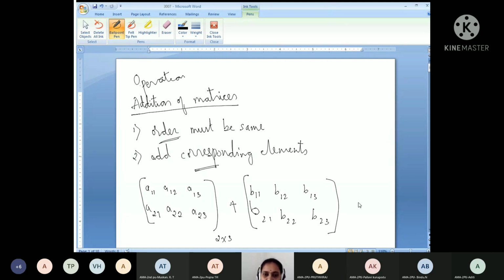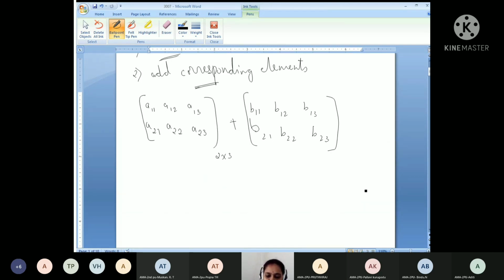Now the addition of these matrices will be this one, C11, or else before I take C11, let me take it like this. One minute. Okay. So the addition of this will be corresponding elements.